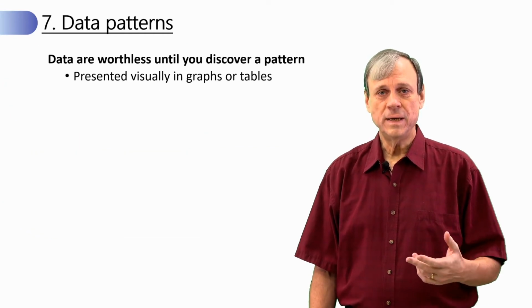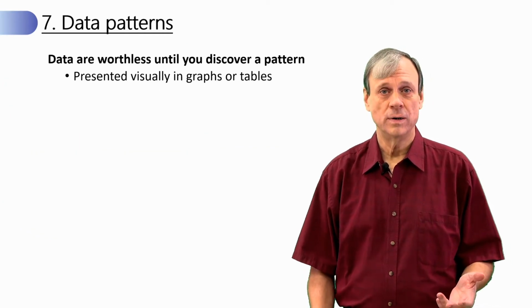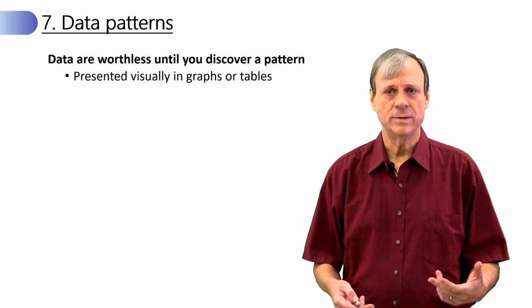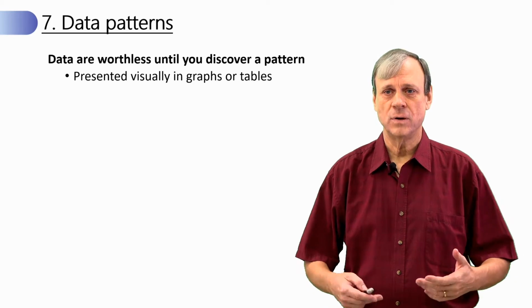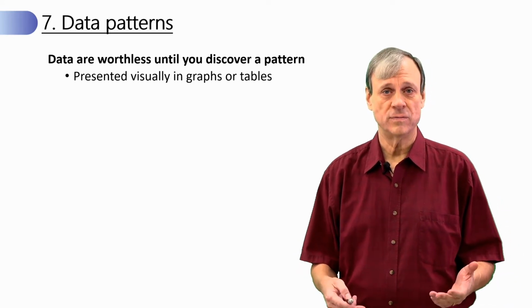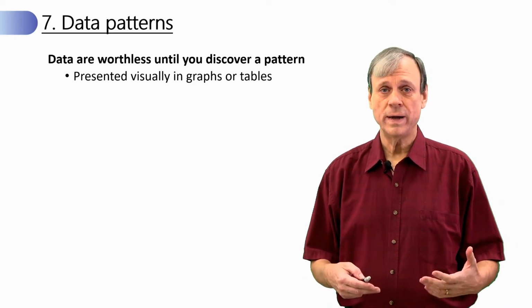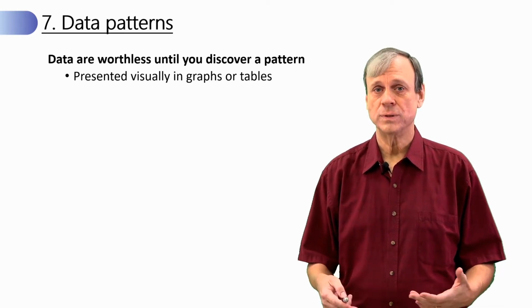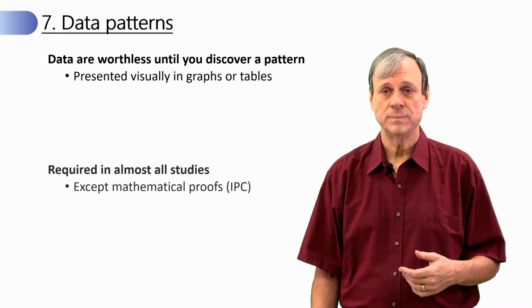Now, the data patterns form a large part of this division. And I specifically call it patterns because the data themselves are often worthless unless you can discover a pattern. And because we recognize patterns visually, those are often presented visually in either graphs or tables.